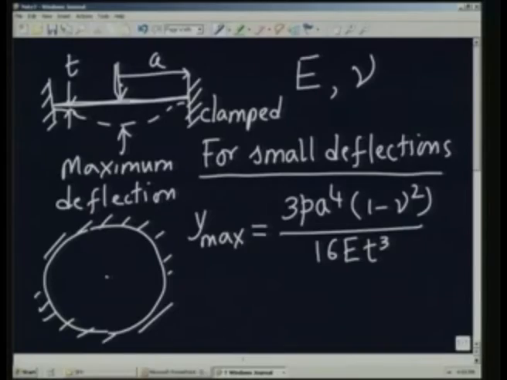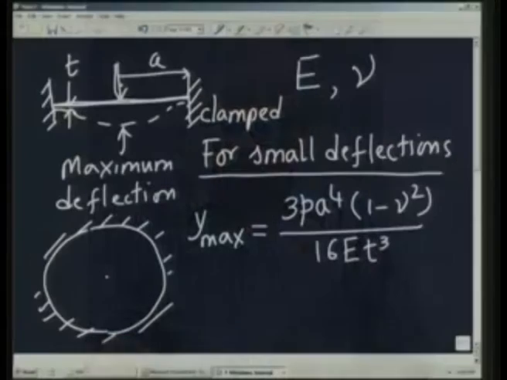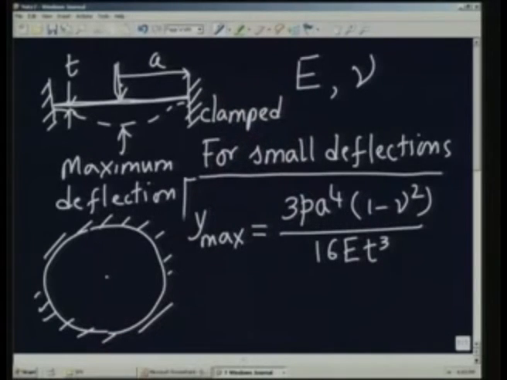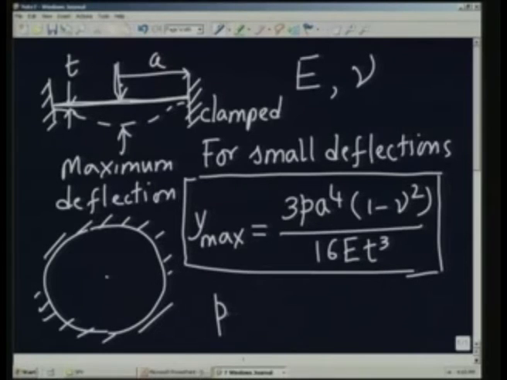So, 3 p a to the power of 4 into 1 minus nu squared divided by 16 E t cube. So, this is a very important relationship. Actually, you can rewrite it as P equal to k times Y max.